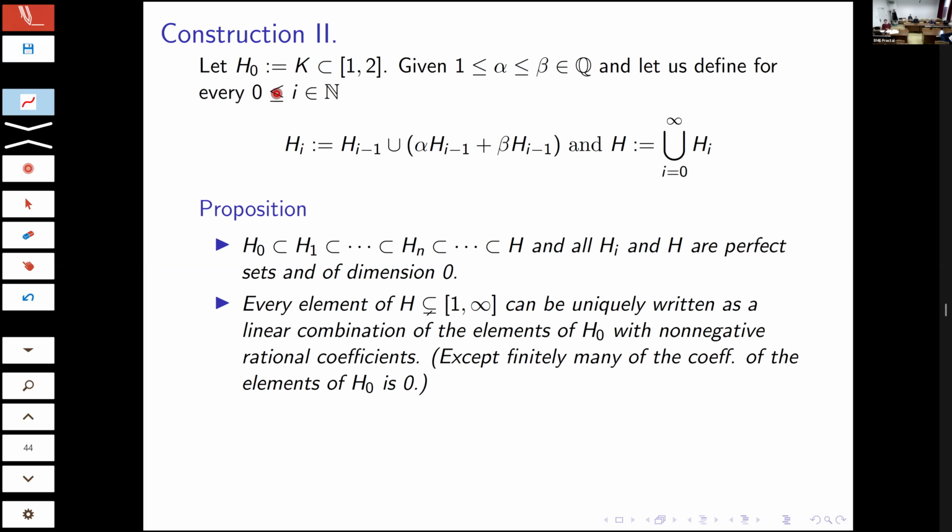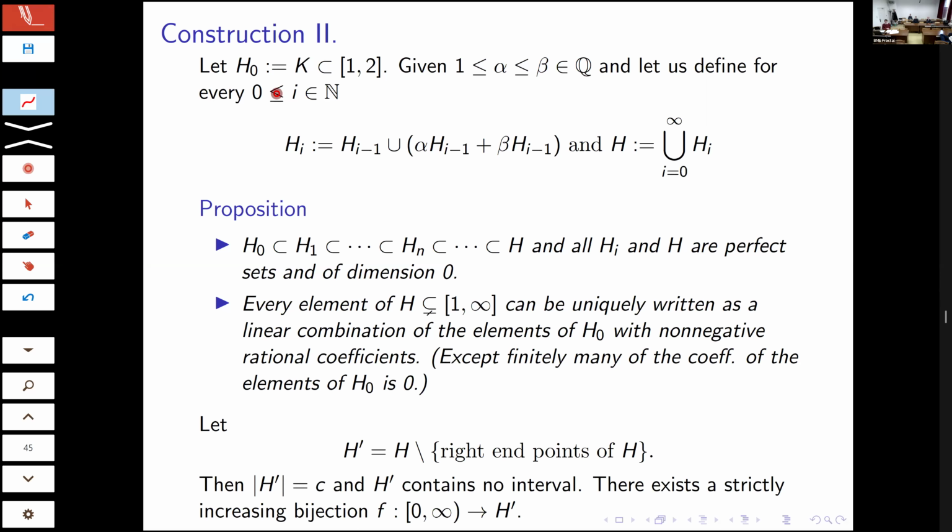Every element of H can be uniquely written as a linear combination of elements of H0 with non-negative coefficients. This non-negativity is basically the heart of this one, because here I can use that these are bigger than 0. Finally, I take H prime because a closed set cannot... Now my aim is to find the bijection from 0 to infinity to a set of this type, but this is a closed set.